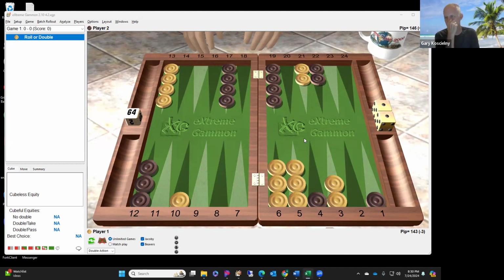The question is, now what does black have? He's got to have an advantage in one of them. Clearly it's not priming, clearly it's not blitzing. What about contact and race? Well, race is fairly even. To me, the main thing is that white is almost certainly going to hit that blot on the 4-point, whether or not he can make the point.